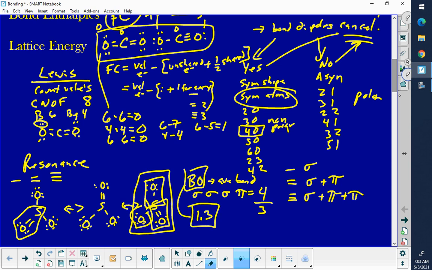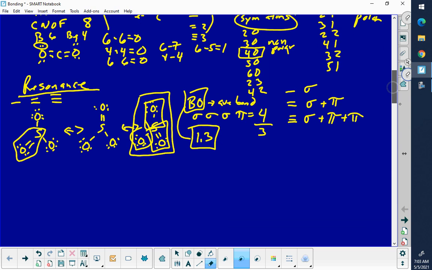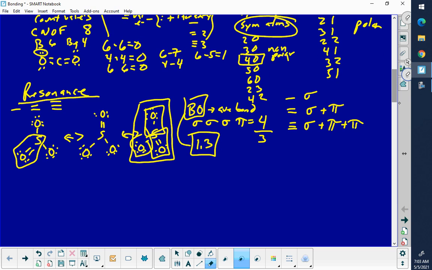Now, a couple of things about resonance. They don't have to tell you, hey, draw a resonance structure. It's pretty simple. They can set you up and say, hey, you have sulfur trioxide, but each SO bond is either the same length or same strength.